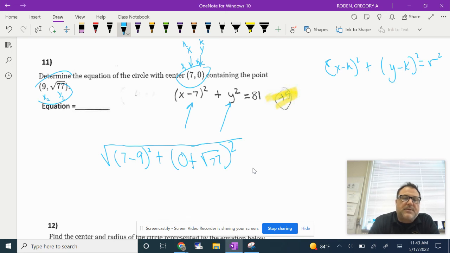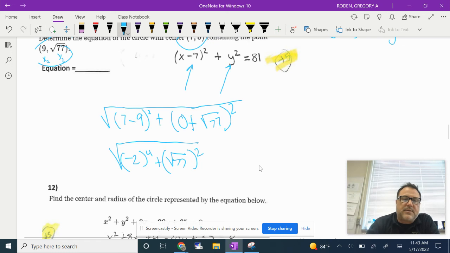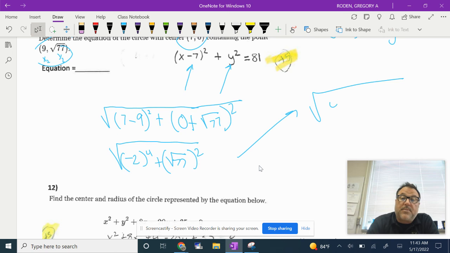And then we can do that. Well, 7 minus 9 is negative 2 squared. And then 0 minus the square root of 77 squared. Okay. And then let's see here. So negative 2 squared is, well, that's positive 4, plus the square root of 77 squared is just 77.